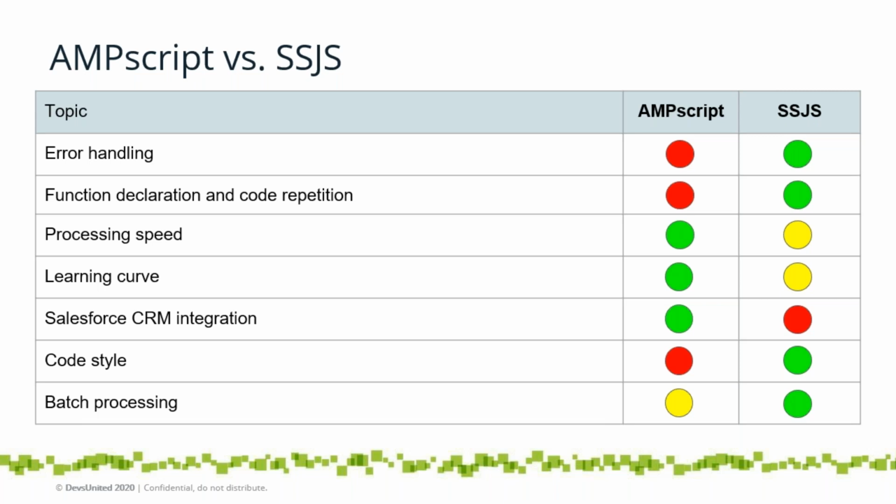There's some functions in AMPScript to update information in Salesforce CRM, which are very useful, and are not available in server-side JavaScript. Code style is going to be a great difference here. Code style in AMPScript is not so nice, and well, everyone likes JavaScript. And we're also going to see at the end of the presentation batch processing in JavaScript, and I use a yellow for AMPScript because there's kind of a hack to do so in AMPScript also.